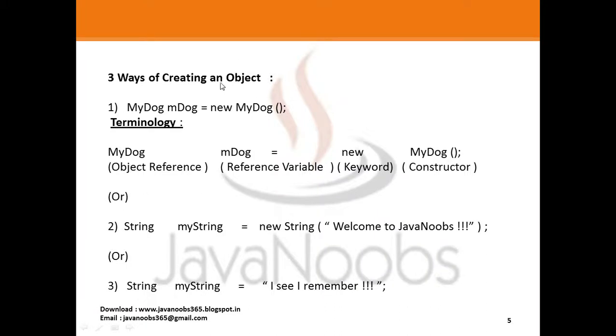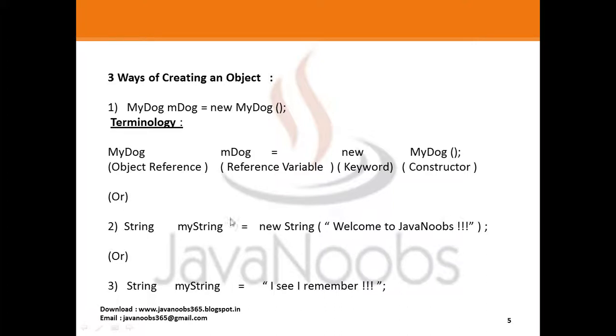So this is the first way of creating an object. The second way is to write this syntax: String myString equals new String, and inside the brackets you have "Welcome to Java Noobs". Whenever you write any string here, it will get initialized with the object name, that is myString. So this myString reference variable will contain this particular string.